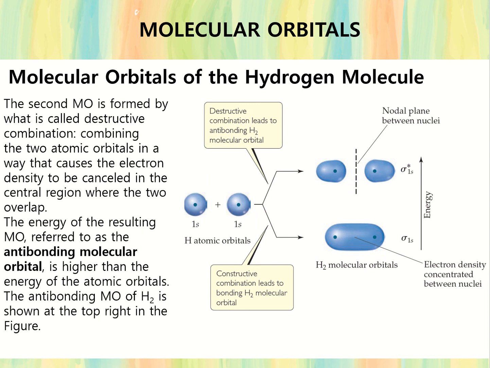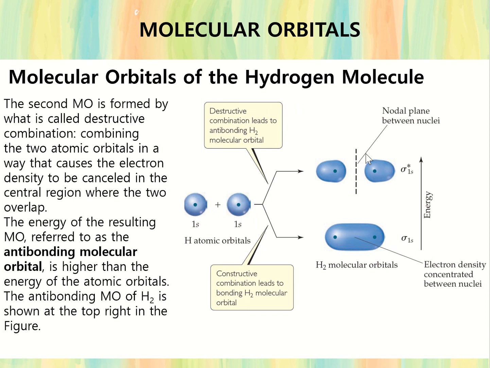So the energy of the resulting molecular orbital, referred to as the antibonding molecular orbital, so that's this nodal plane between the nuclei, is higher than the energy of the atomic orbitals.